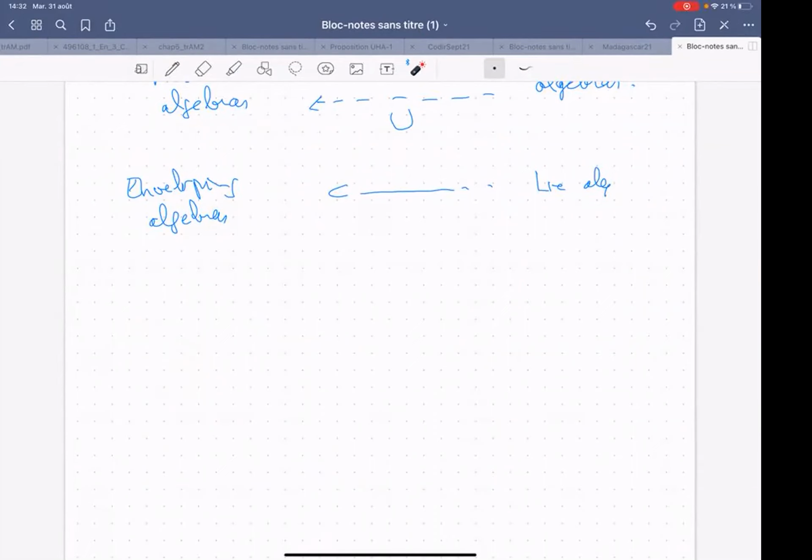Maybe I need to recall what is a g, or a left g representation. g is a Lie algebra over K, a commutative ring or a field.